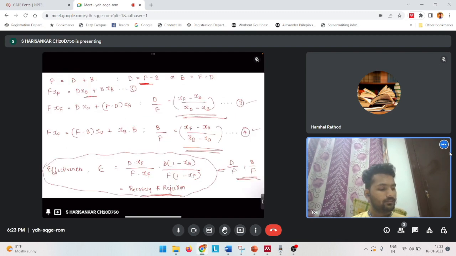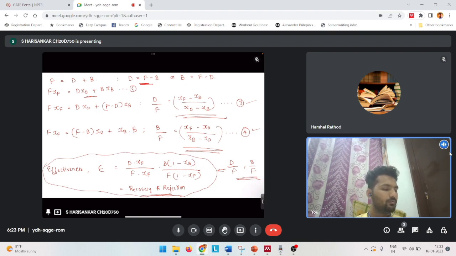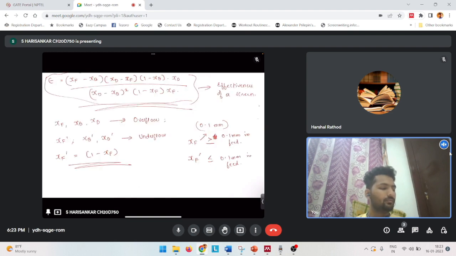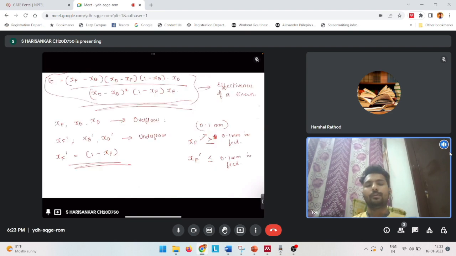If you are defining it based on overflow, it will be greater than 0.1 mm, and if you are defining it based on the underflow, it will be less than or equal to 0.1 mm. And this relationship is also there: xF is 0.1 means xF dash will be 1 minus 0.1, that is 0.9. So just to make a note of it.